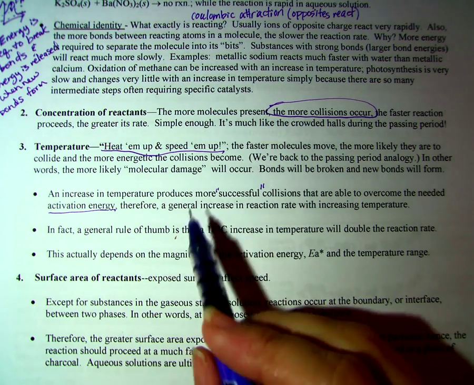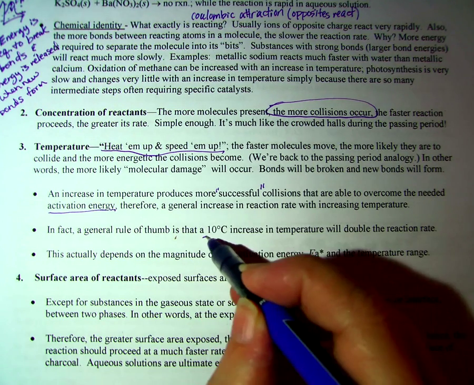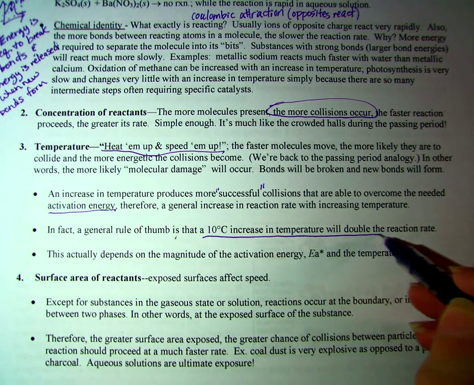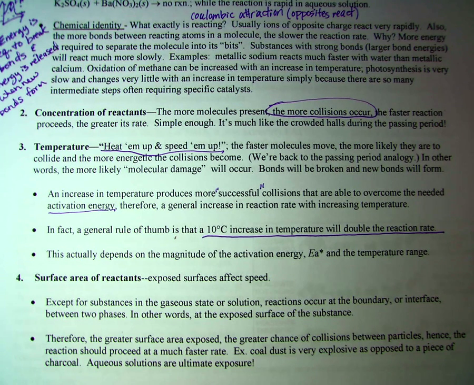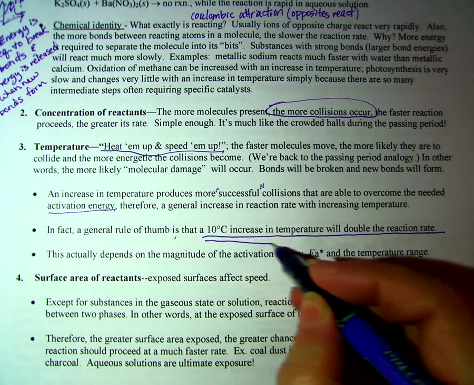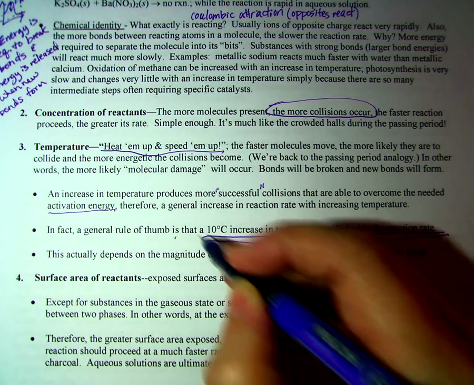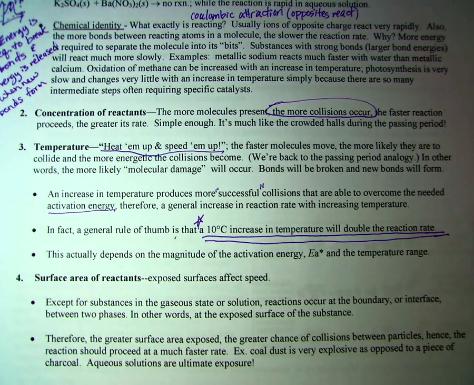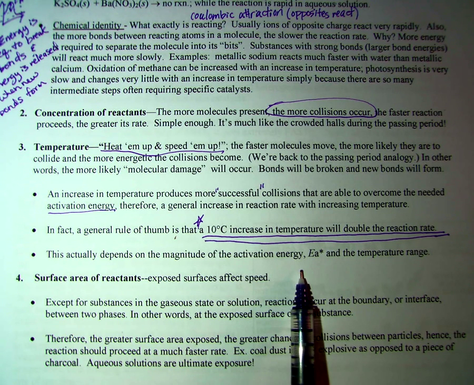A general rule of thumb is that there's a 10-degree increase in temperature, it will double the reaction rate. So for every 10 degrees of temperature you raise a reaction, it's going to double the reaction rate. So that's a big, huge one for multiple choice questions on the test. This actually depends on the magnitude of the activation energy and the temperature range.